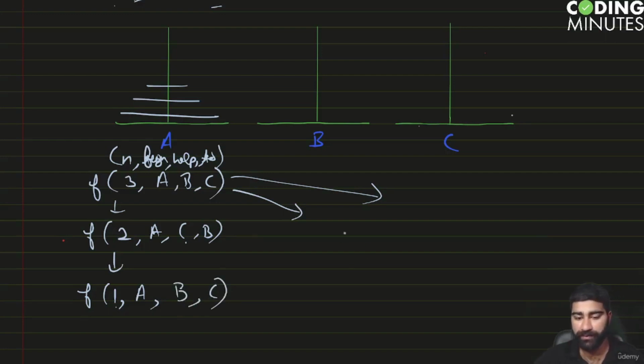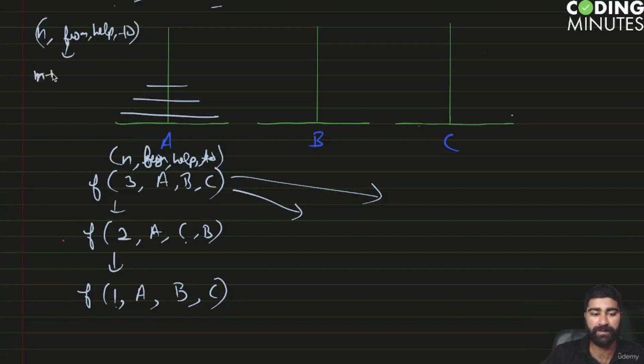So let me quickly write it here as well. Yeah. So n, to, help, and it is very tricky. Yeah. From help to, this calls n minus 1 from help to, so this calls from to help.